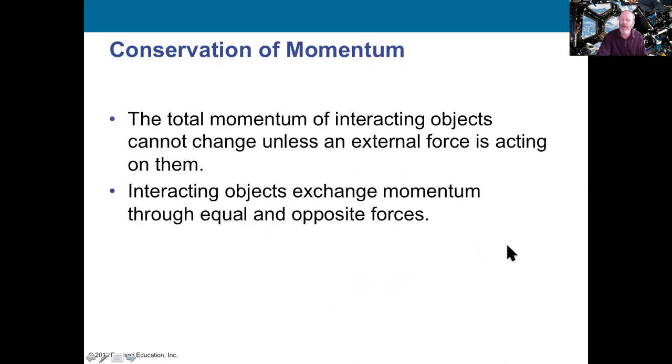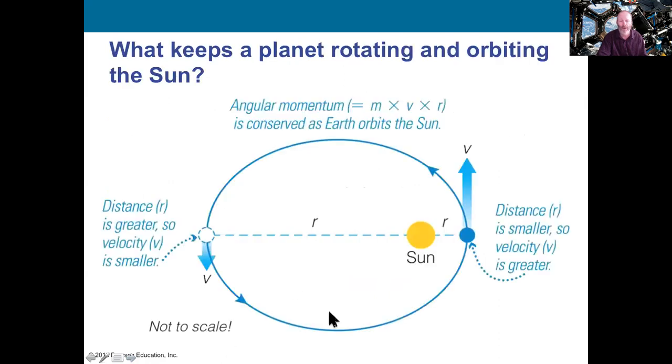What happens overall with all of these interacting forces is we have a conservation. Energy changes from one object to another, and it can't be destroyed. It goes from form to form, and it goes back and forth. We have different types of forces. We have things that are going faster and slower in space, but the angular momentum is being preserved, because here we have more distance, but the velocity is slower.